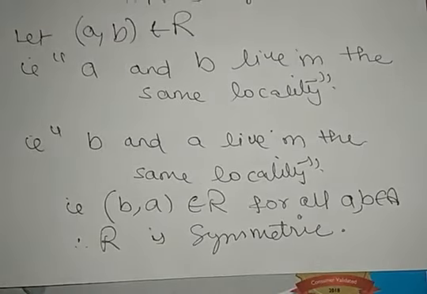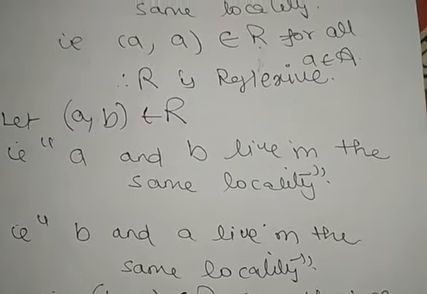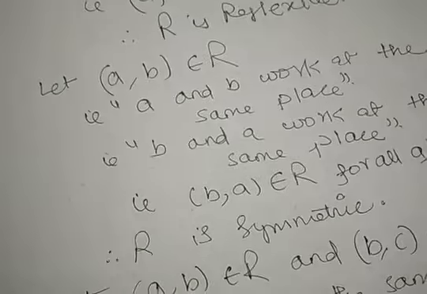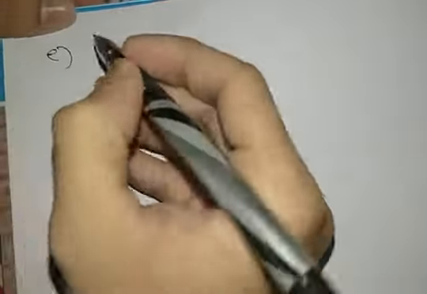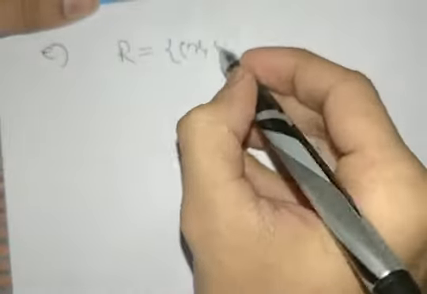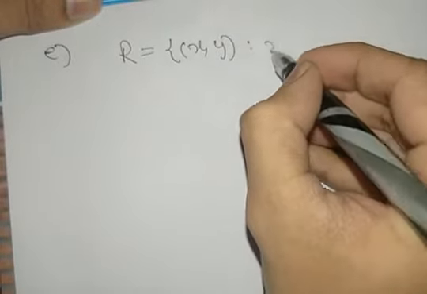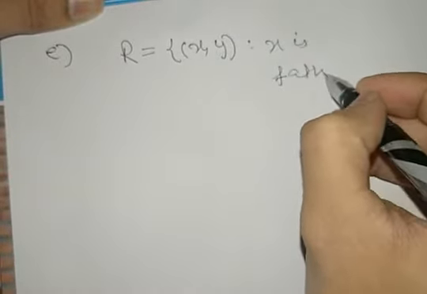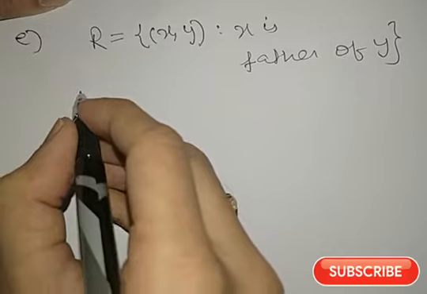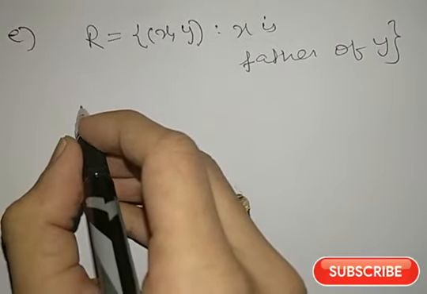Now let us go to the problem E. So the problem E is given as R equal to (x, y) such that x is father of y. Now we have to check whether R is reflexive, symmetric or transitive.